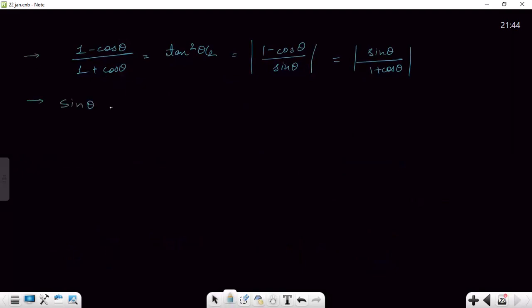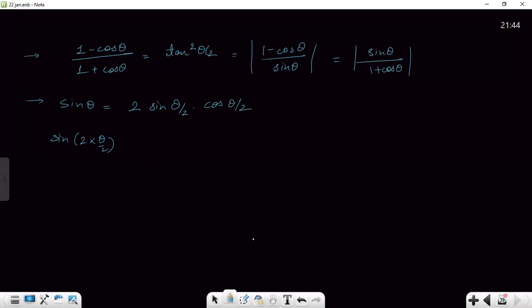Sine of theta can be assumed as sine of 2 into theta by 2. So it is 2 into sine theta by 2 into cos theta by 2.